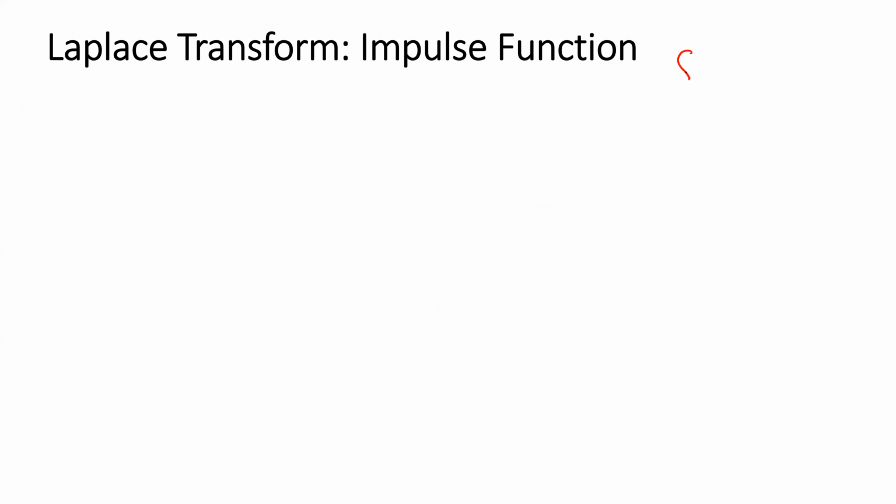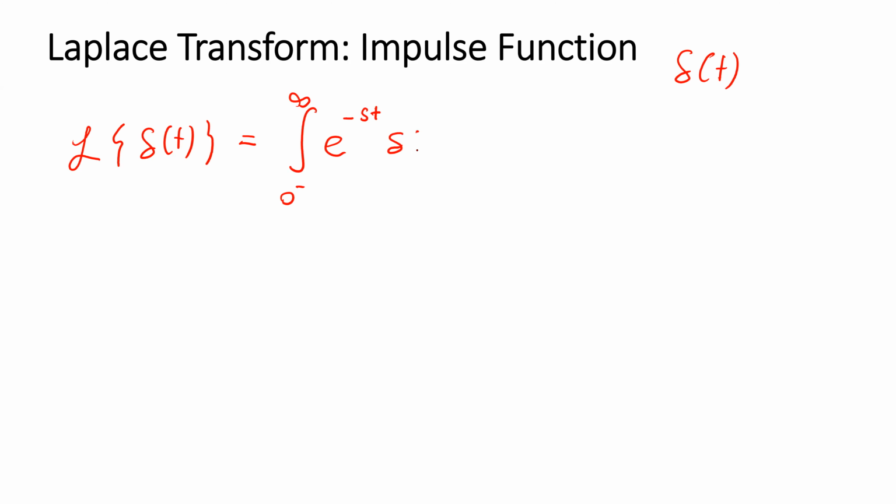When the function is a direct delta, the Laplace transform of a direct delta function is the integral from 0 to infinity of e to the power minus st times the function in time domain, dt.